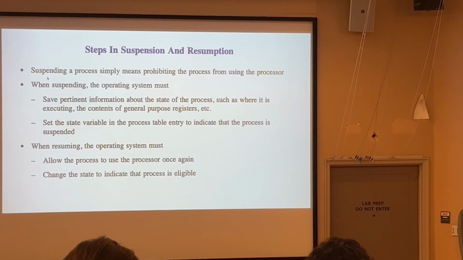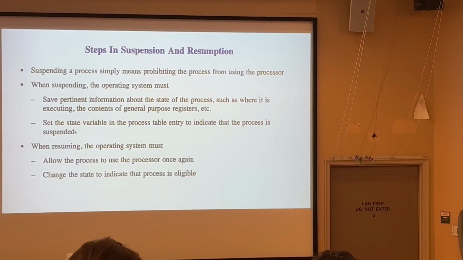Suspension is simple. It simply means that you do not let a process use a processor. When suspending, the OS must save the information about the state of the process, such as where it's executing and the content of general purpose registers, and set the state variable in the process table entry to indicate the process is suspended.